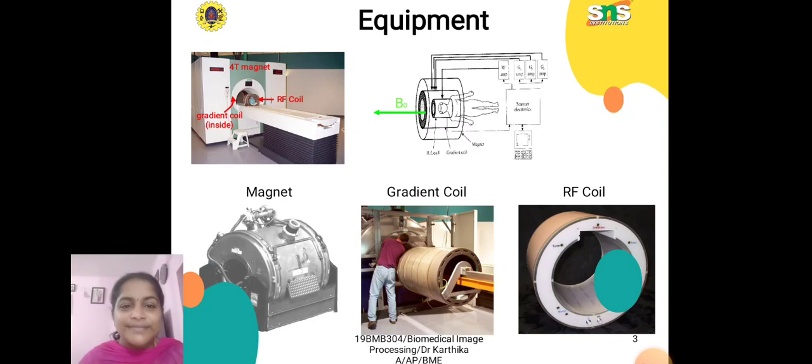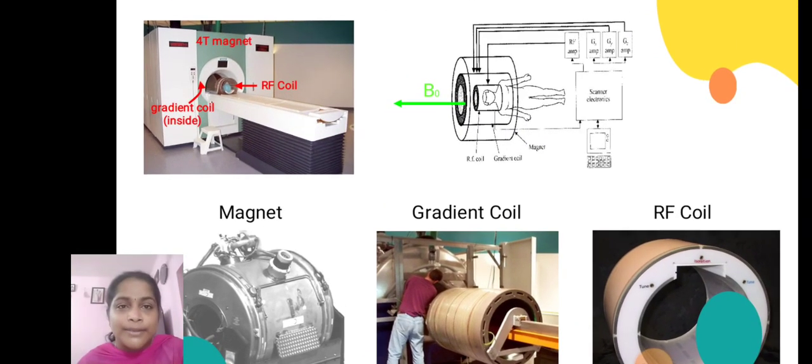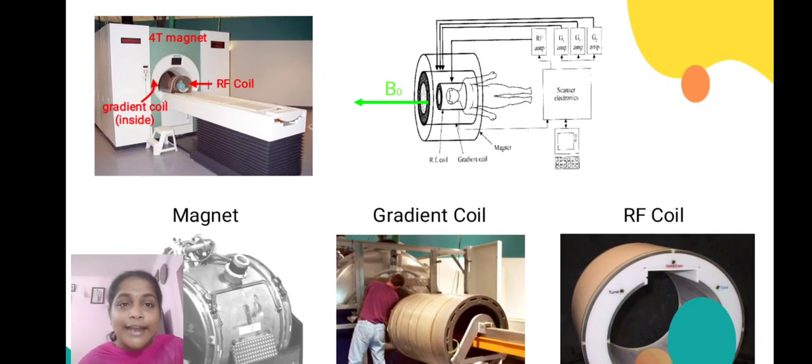Okay. Here we are going to discuss magnetic resonance imaging. See here, the first one shows the MRI machine. We have the magnet, RF coil inside and gradient coil inside. See how the equipment looks.